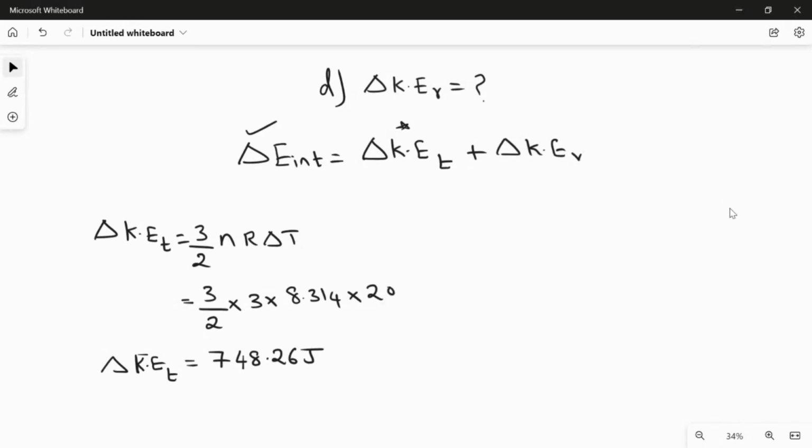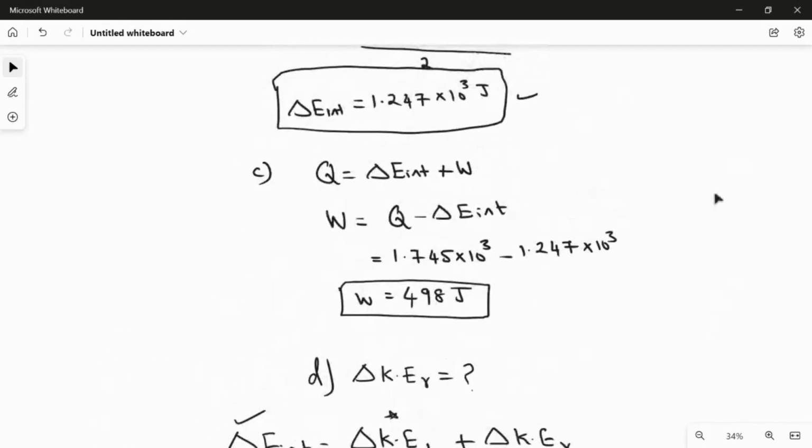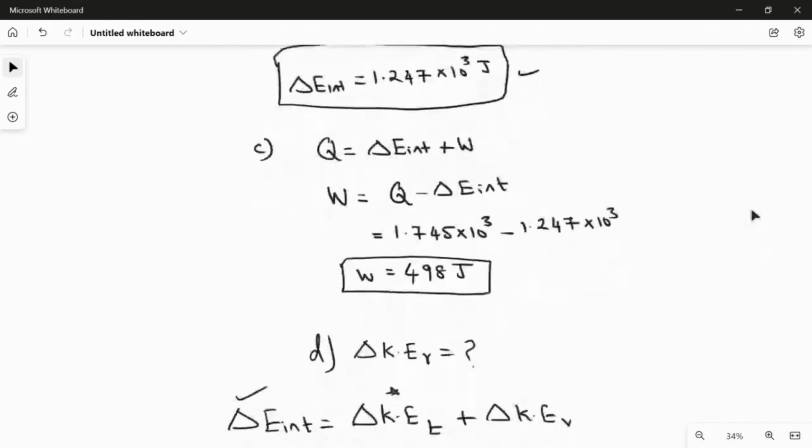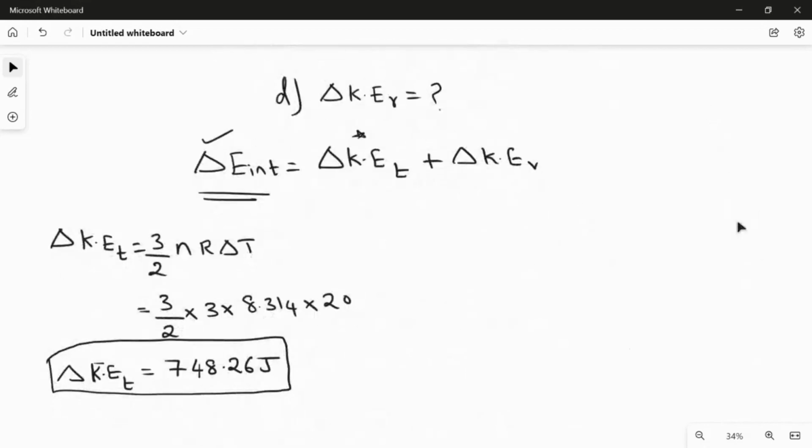Now I'm going to substitute this value, as we already know the change in internal energy, 1.247 times 10 to the power 3 joules. Before that, I have to rearrange this equation because we are going to find the change in rotational kinetic energy.